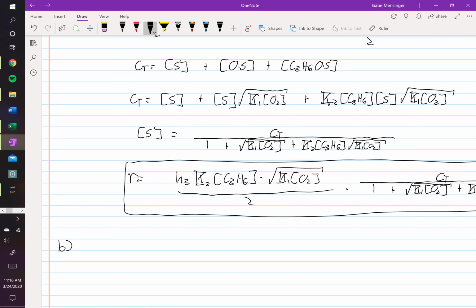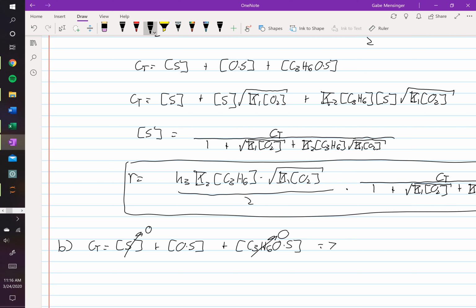But we have now made an assumption about CT. Remember we said that CT is the site balance for all empty and occupied surface species. We have said that O*S is the MASI, and that essentially says that the concentration of O*S is so much greater in comparison to the other ones, in comparison to S and the acetone species, that they essentially go to 0.